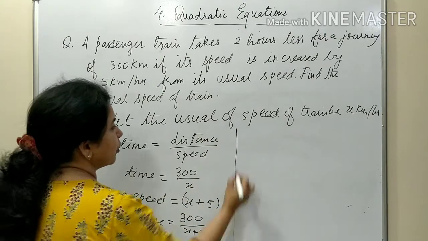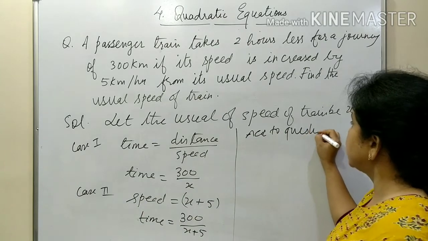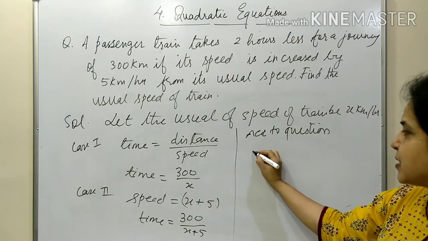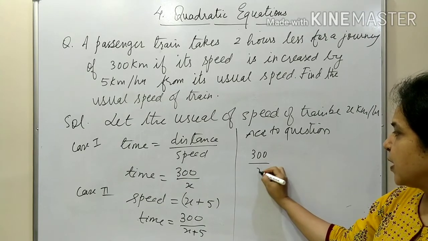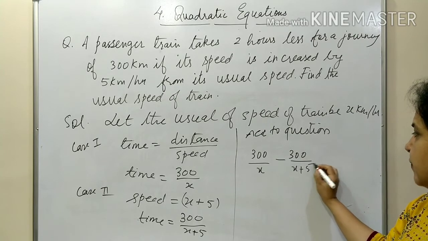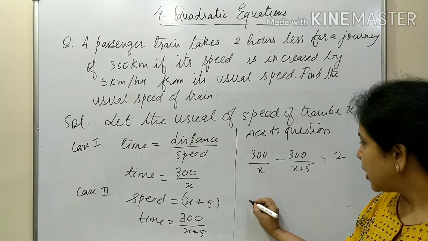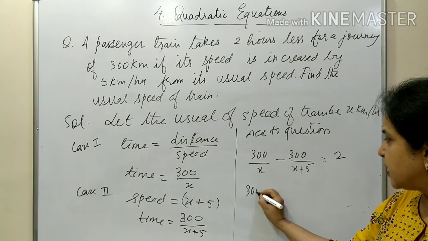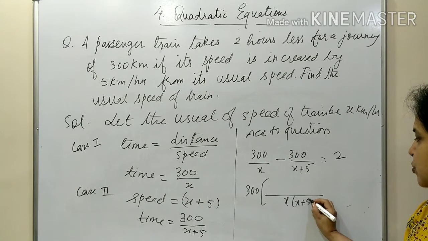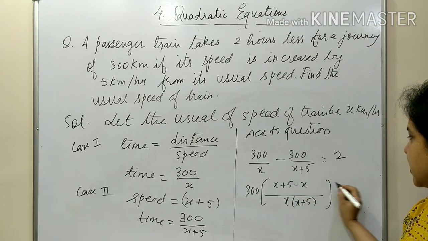Now according to the question, the second time is 2 hours less than the previous time. So the first time minus the second case time, the difference is 2 hours. Again solving this, taking 300 common, taking the LCM, the product of these two, you will get x plus 5 minus x.